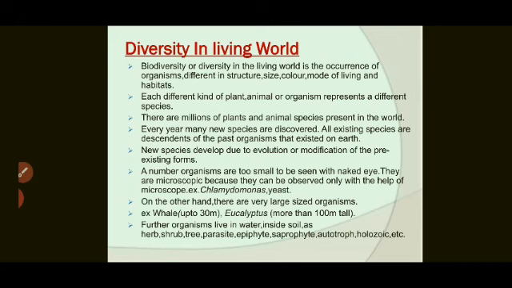A number of organisms are too small to be seen with the naked eye. They are microscopic because they can be observed only with the help of a microscope. Examples are Chlamydomonas, yeast, etc. On the other hand, there are very large organisms, for example whale and eucalyptus, which is more than 100 meters tall.